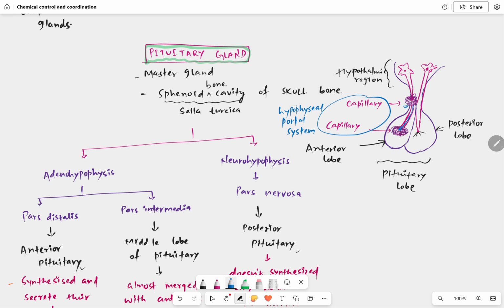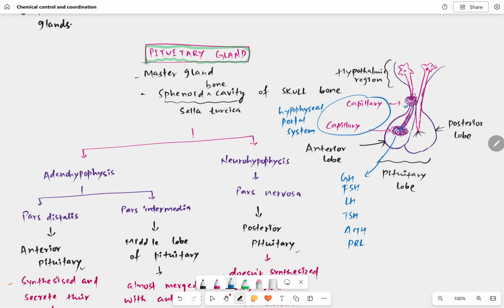Based on the hormone received, the anterior lobe starts synthesizing its own hormones, like FSH, LH, GH, TSH, ACTH, or prolactin, based on the information secreted by the hypothalamus and reaching it through the portal system.